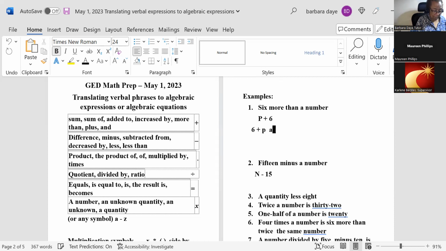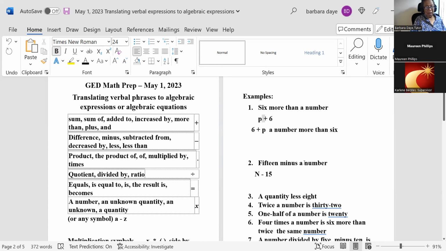It would be a number more than six. Okay, let me write it out. A number more than six. That means you take six and you add a number to it. See, and that's not the same as this one, right? It's different. A number more than six means a number, a variable, added to the number six. You got it?